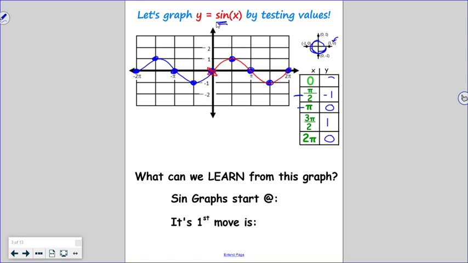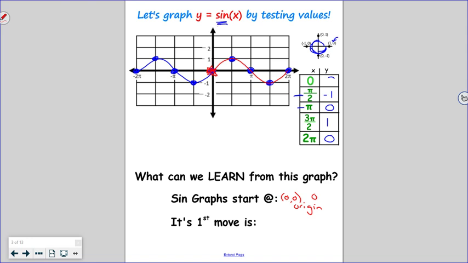So it starts at, however you want to describe this for yourself, 0, 0, or you want to call it the origin, whatever you want to call it, this guy right here is where your sine curve starts, on our midline at 0. Our first movement then was to go over 1, up 1, or up from there, or off your midline, or again, however non-mathematically you want to describe that.